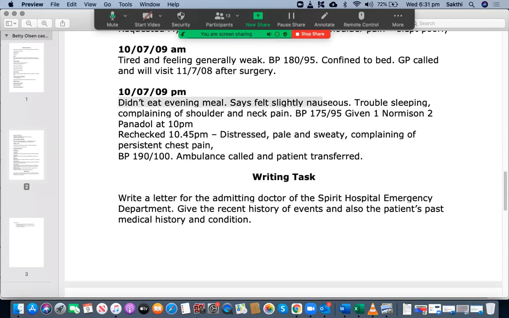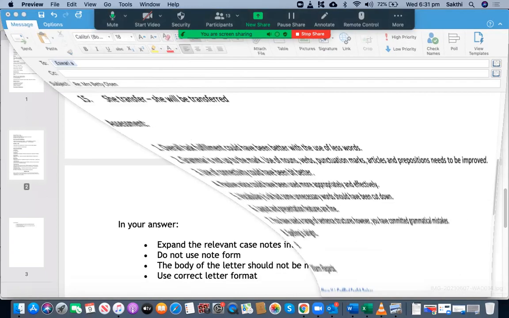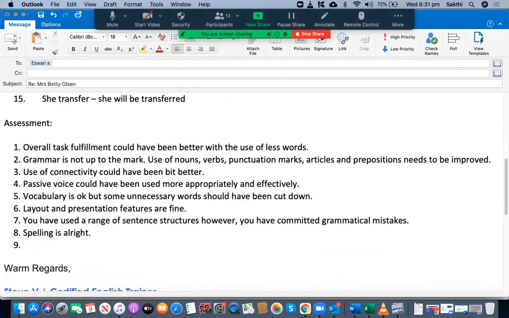Says felt slightly nauseous. Trouble sleeping, complaining of shoulder and neck pain. So you have included all these things. That's fine. But one or two relevant case notes should have been included. They are missing, maybe one or two maximum. You could have added them. But apart from that, this one is okay.